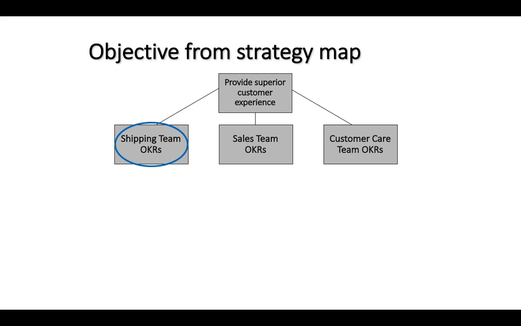The shipping team is off to a really good start with our help, and the sales team and the customer care team should really be doing the same thing. And once each team has created its OKRs, they will all need to start coordinating with each other where they have interdependencies. That's a topic in another video though.